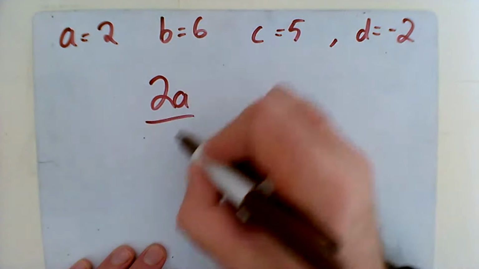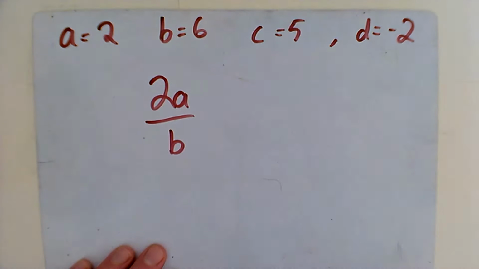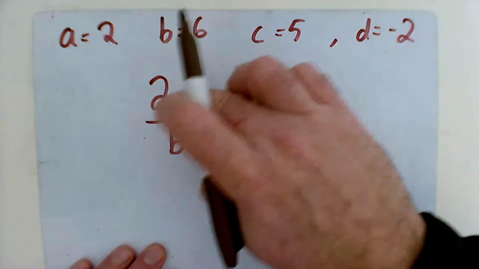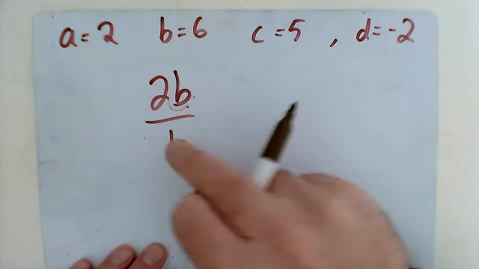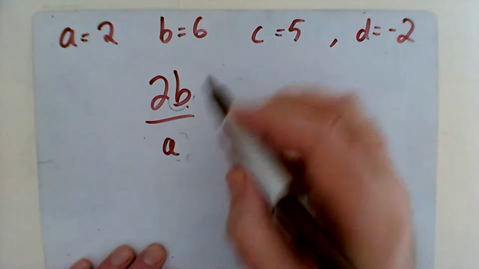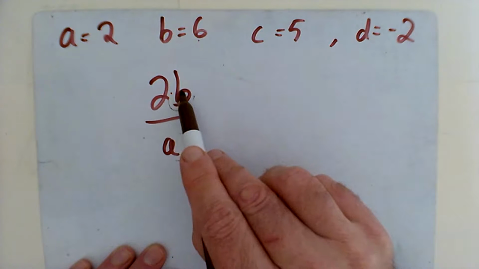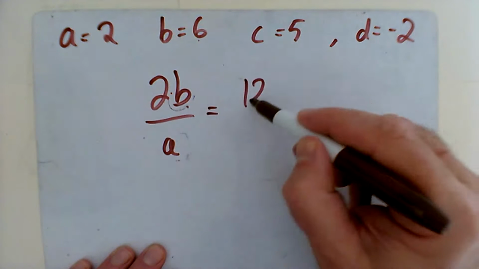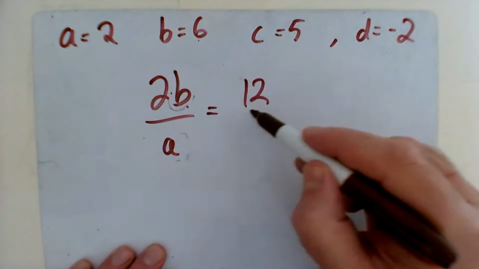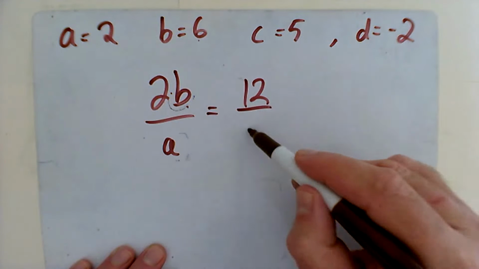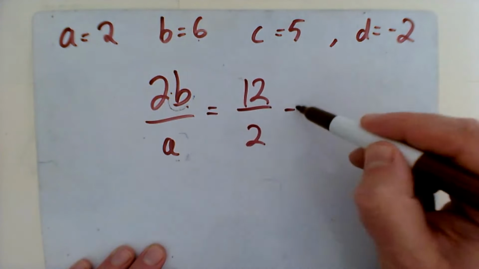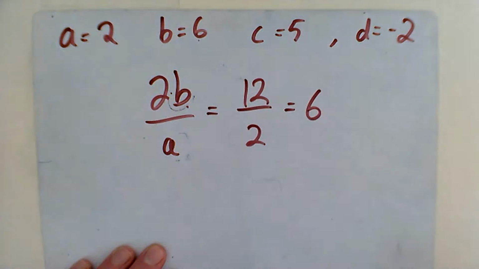Now 2b over a. Sorry, let's do that one again. 2b over a. So again, I'm going to work out 2b. Now b is 6, so it's 2 times 6 is 12. Working out the value of that expression. A, I know, is 2. 12 divided by 2, 6. Okay.